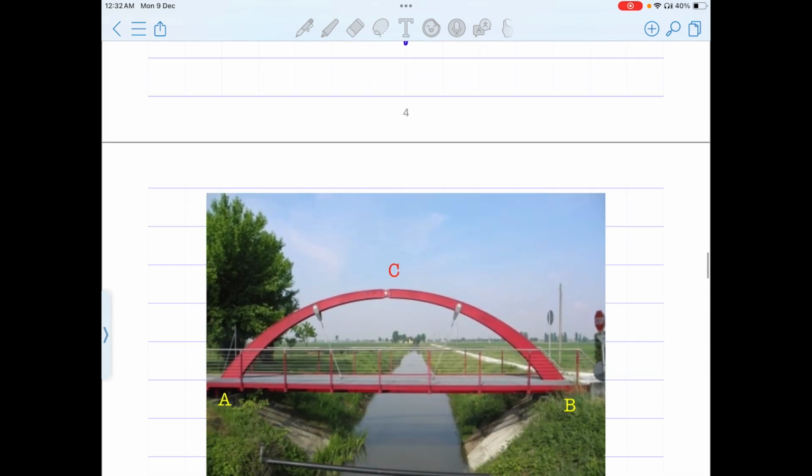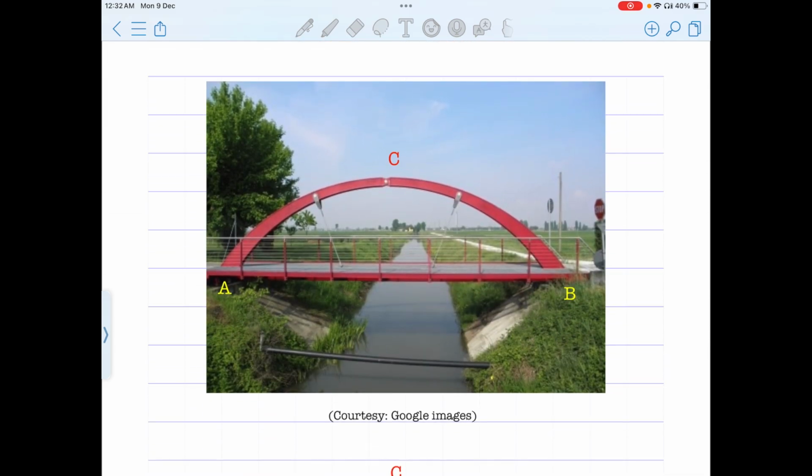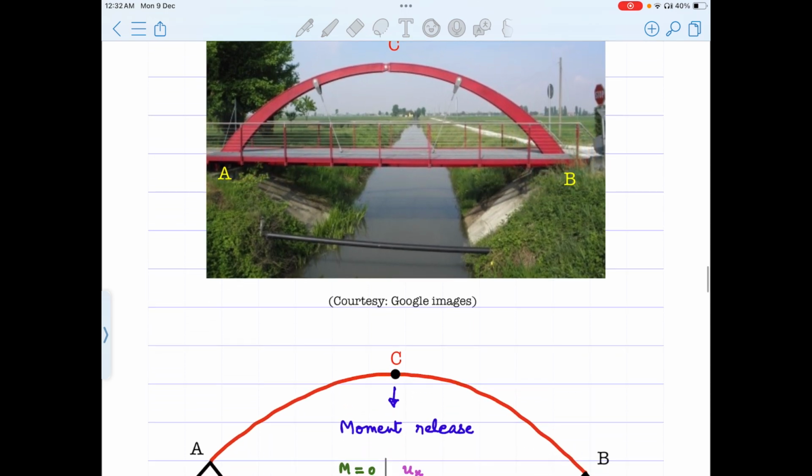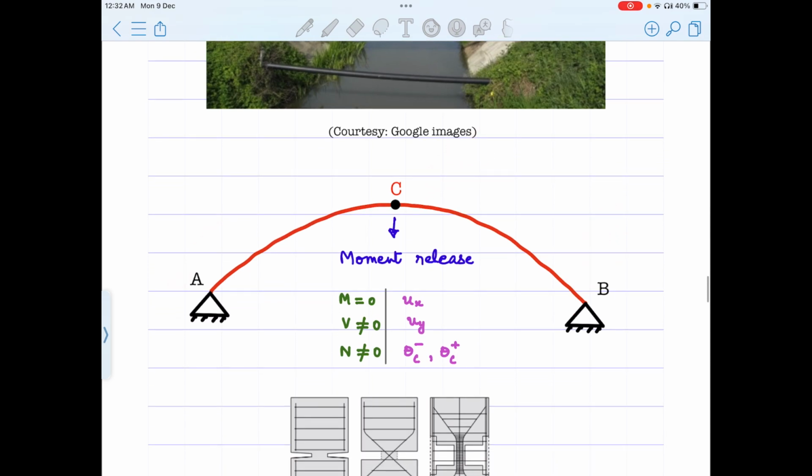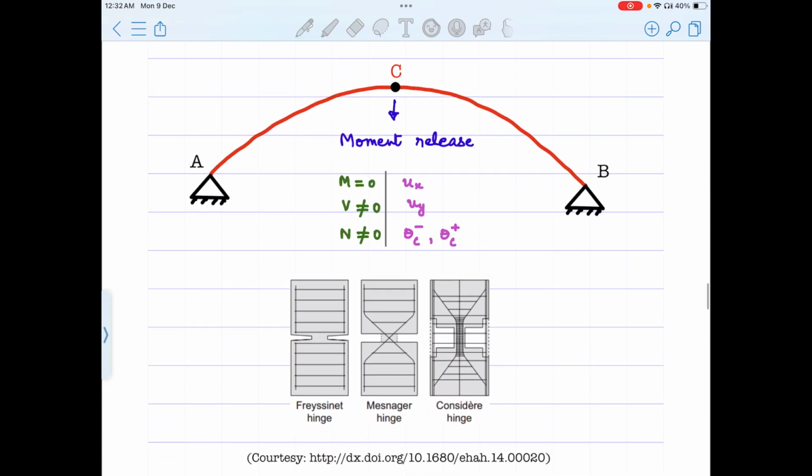Then we have this 3-pin arch here. So these two ends behave like pin supports, whereas we have a moment release here. Okay, that's what we see here, A, C, B. So the idealization goes like this. These two ends are pinned ones. However, we have a moment release here. What is going to happen at a moment release?